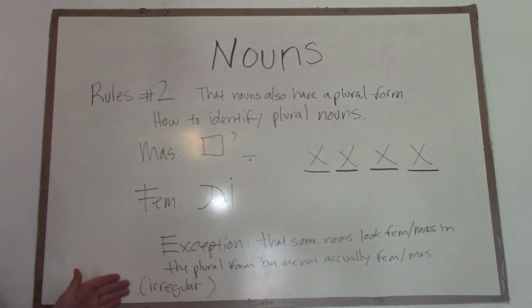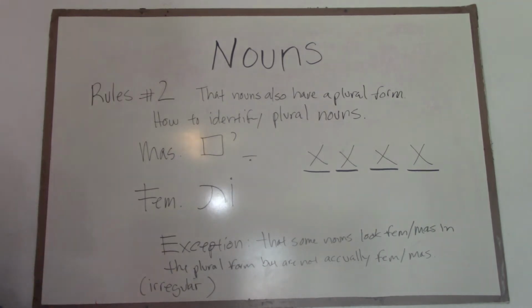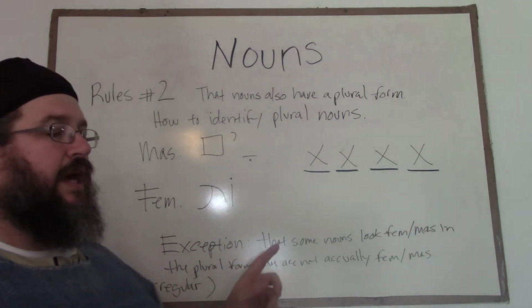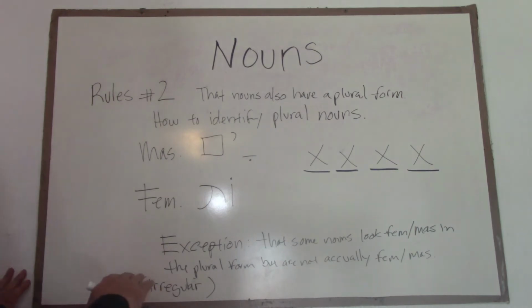If it's an irregular noun, I'm going to see that if it looks feminine in the plural form, but I can see the noun and I can tell that the noun actually is not feminine itself, then I know that it's an actual masculine noun.